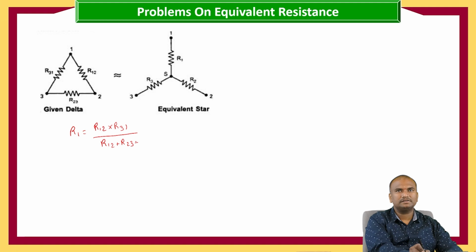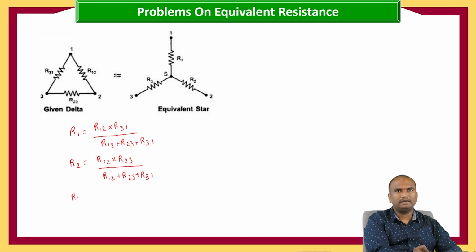R23 plus R31. And in the same way, R2 is equal to R12 into R23 by R12 plus R23 plus R31.